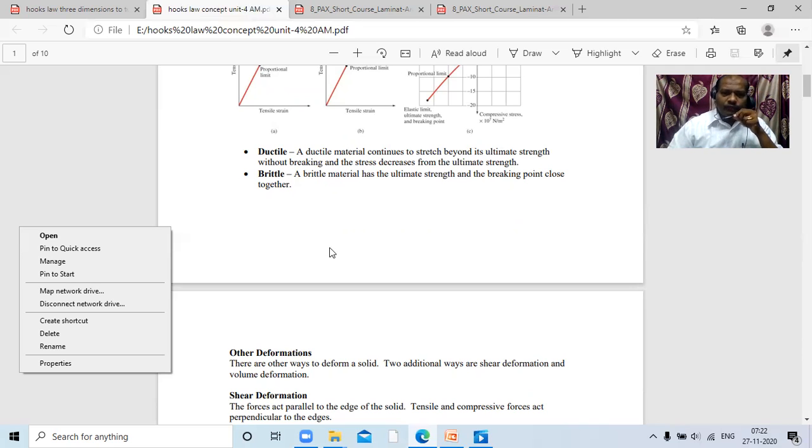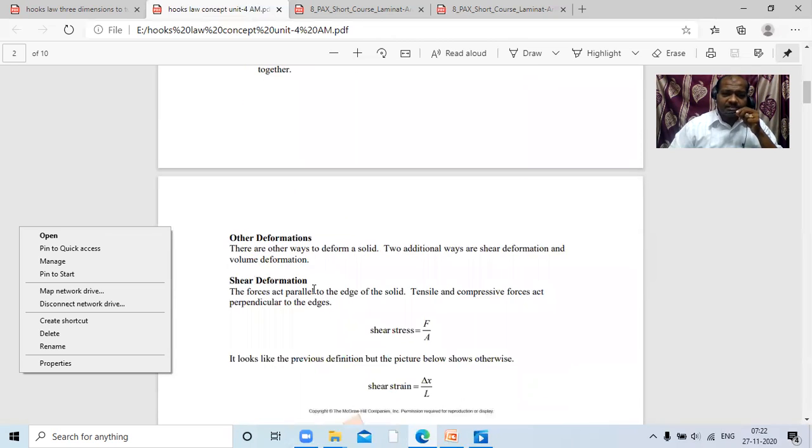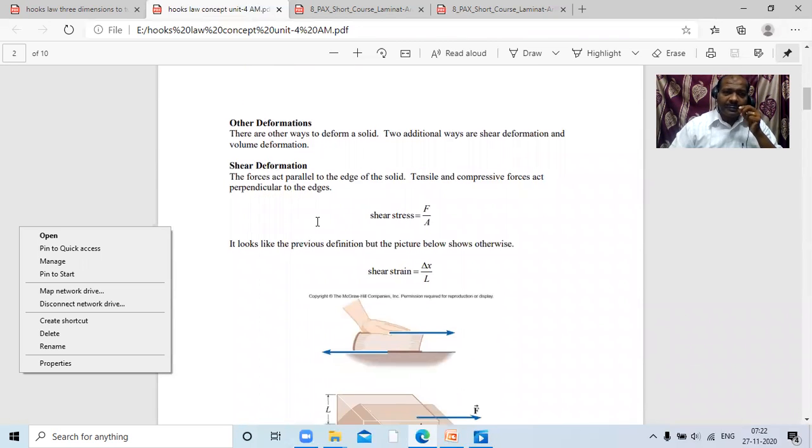Next, if you observe other deformations of a material, there are other ways to deform a solid. Two additional ways are shear deformation and volume deformation. Already we have explained shear deformation, and volume deformation is concerned with the bulk modulus.